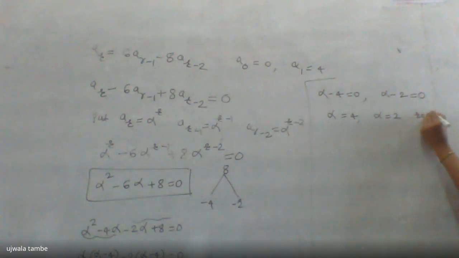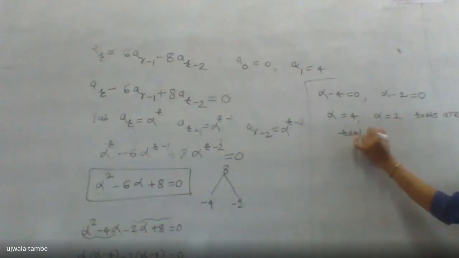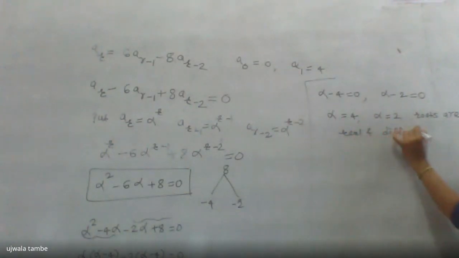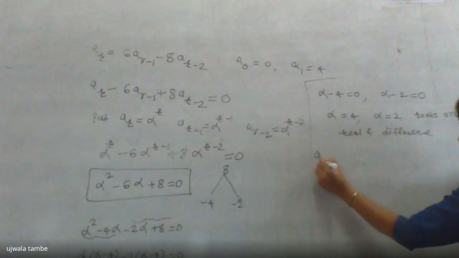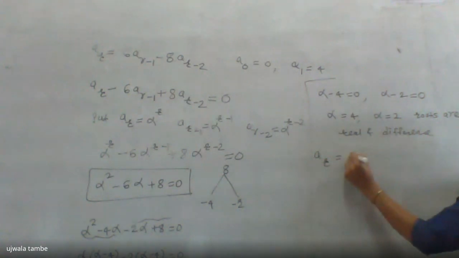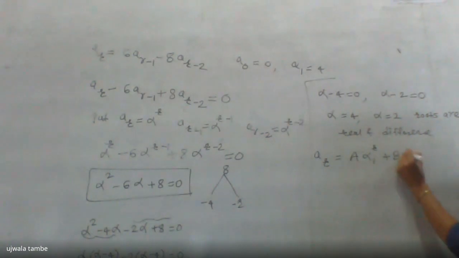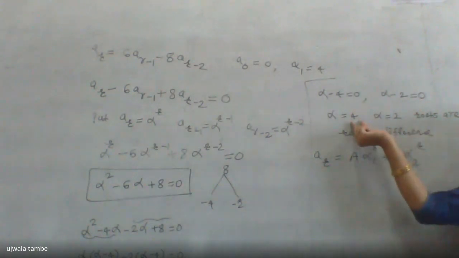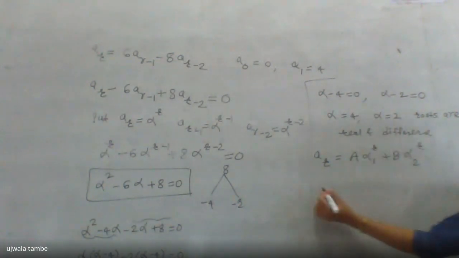And these roots are real and different. And we know that if the roots are real and different, then its solution is a into alpha 1 raised to r plus b into alpha 2 raised to r. First root is denoted by alpha 1, second root is denoted by alpha 2.